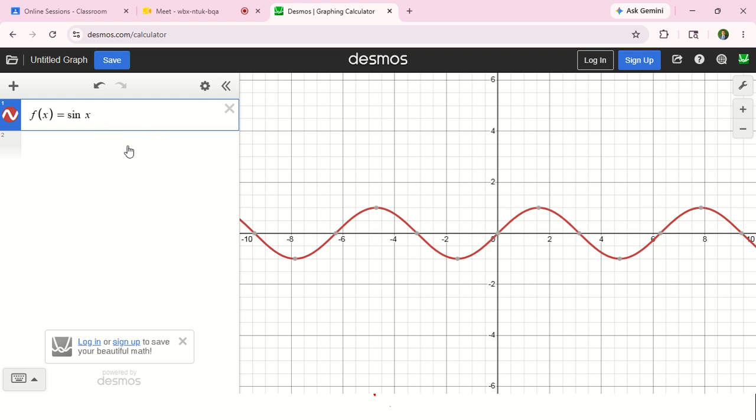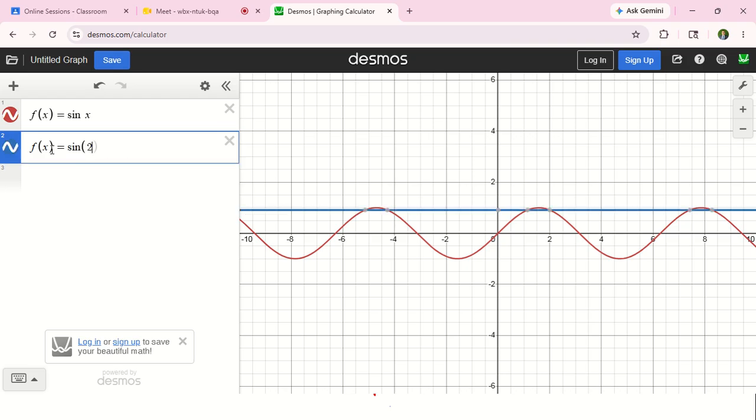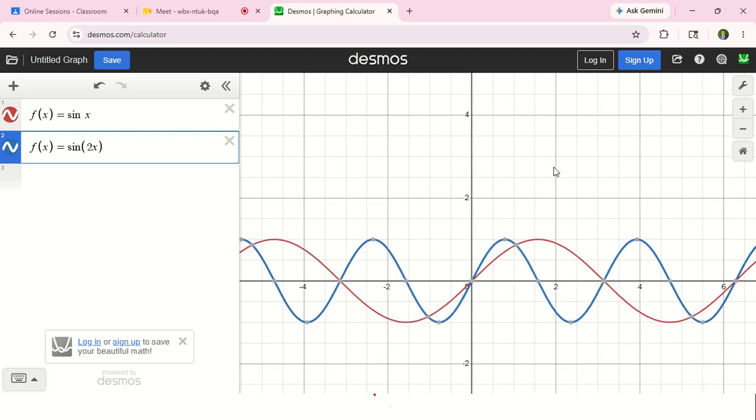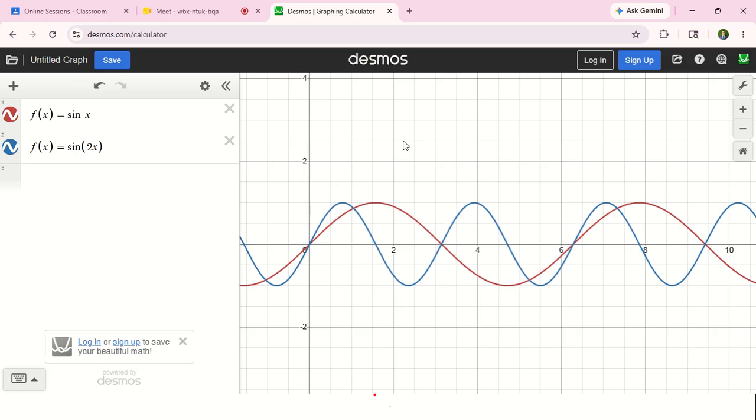But if we put f of x equals sine 2x, then we see here it takes less time to complete one oscillation.